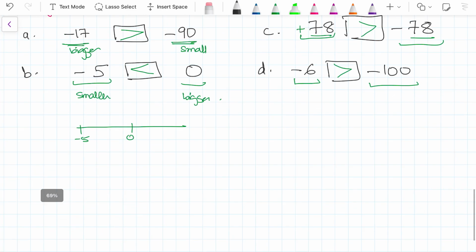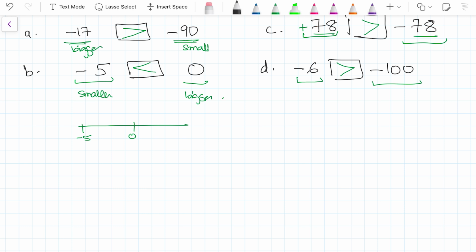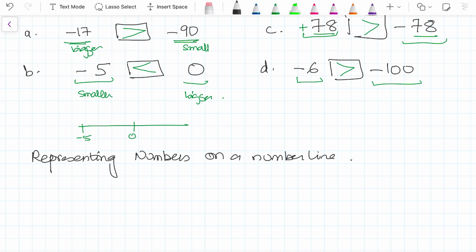Represent the following numbers. Representing numbers on a number line. 0.48, minus 3.